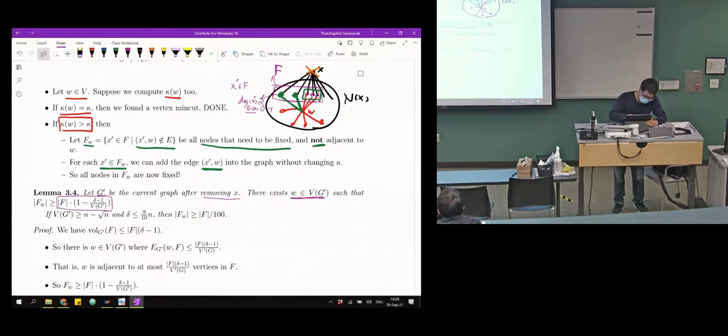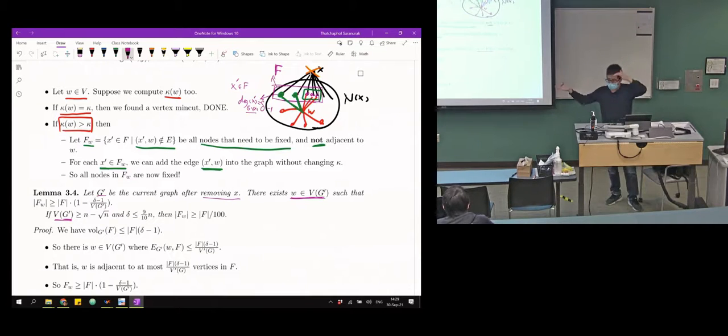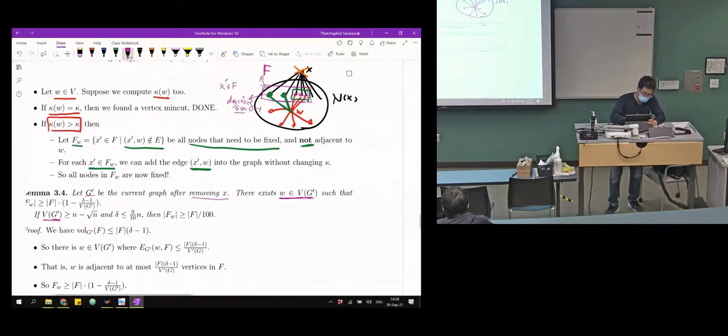So the precise number that I can fix using W is at least F times 1 minus some fraction here. But we will see later that the number of nodes in G prime, the graph that we work with for the whole algorithm, will never be smaller than n minus root n.